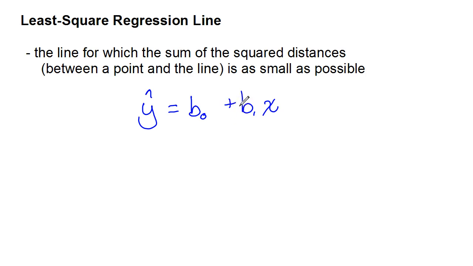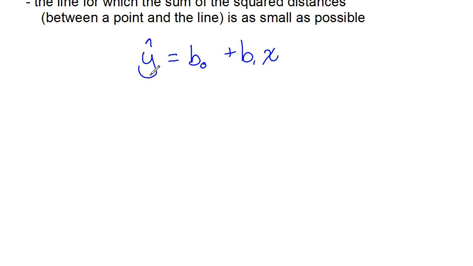And so b1 actually represents our slope, whereas b sub 0 represents our y-intercept. Y hat is what we use to make predictions. So this y hat is our predicted value, and that is why it's not just y, it's y hat, because it's a predicted value.